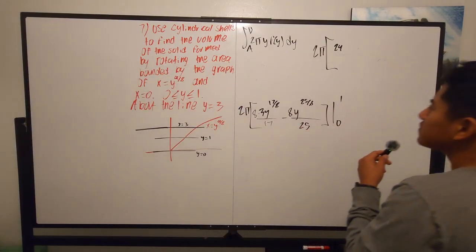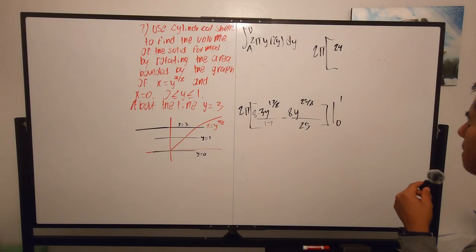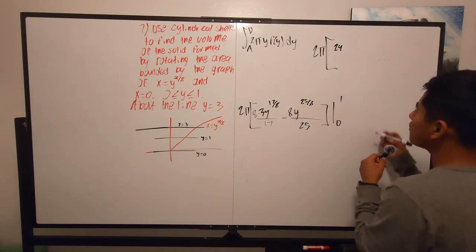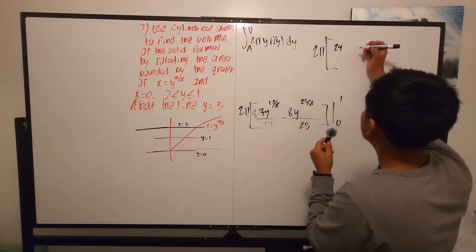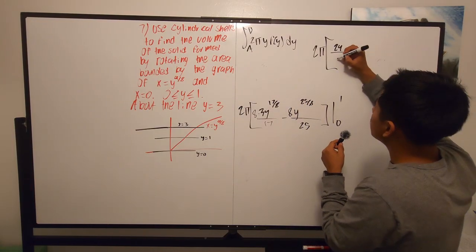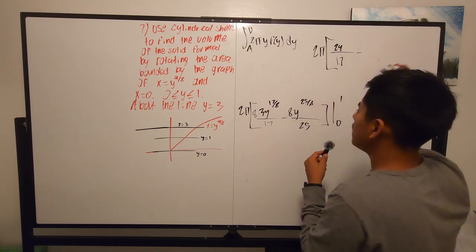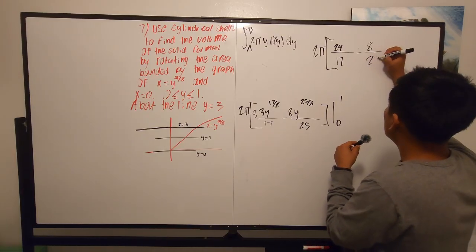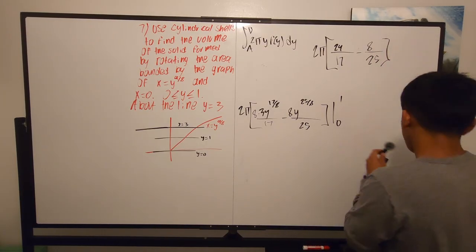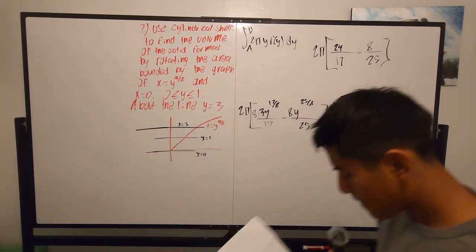Okay, yeah, 1 to the 0 is actually 1. Anyways, that doesn't matter. I don't even know why I brought that up, but 24 and then 1 to whatever that is just going to be 1. So we just have 24 over 17 minus 8 times 1 to whatever that is, which is just going to be 1. So it's just 8 times 1 is 8 over 25. We have that, and that is the math that I am not going to do.